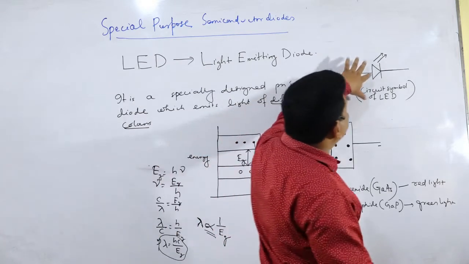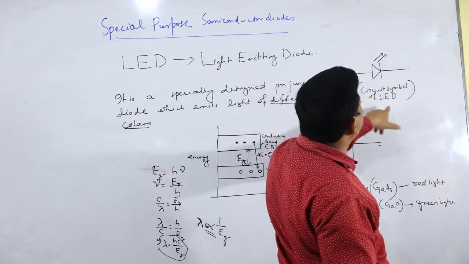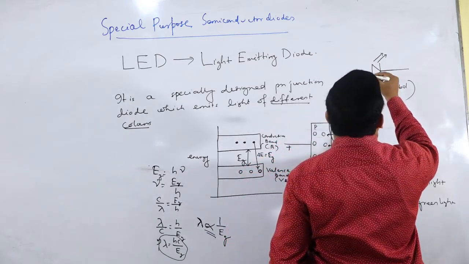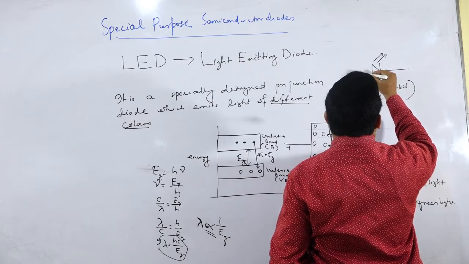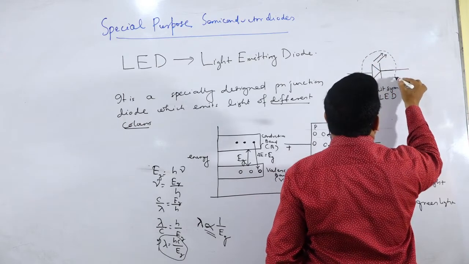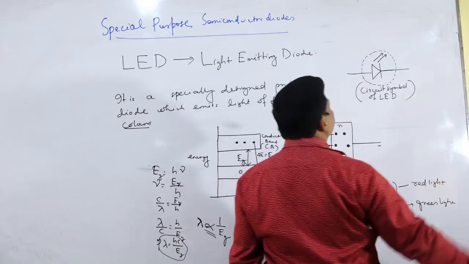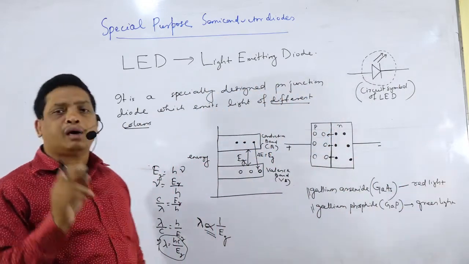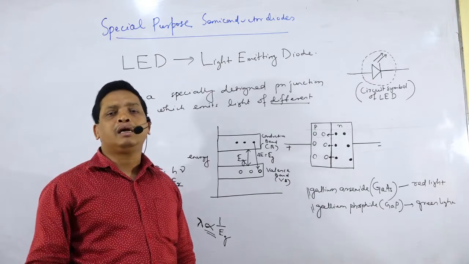So the circuit symbol is like this, circuit symbol of LED. And the LEDs are usually operated under forward biasing condition. But photodiode is operated under reverse biasing condition.